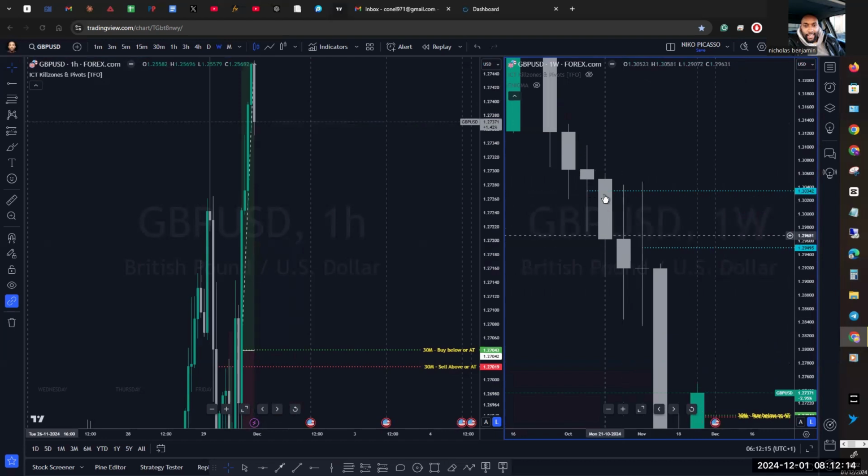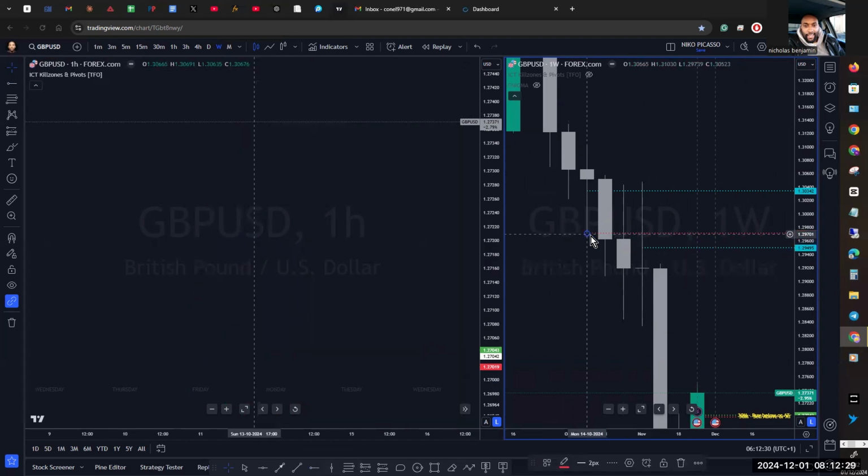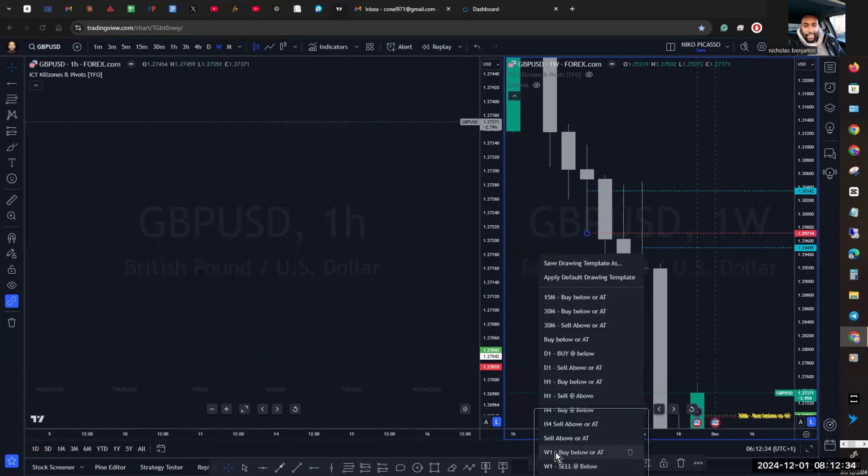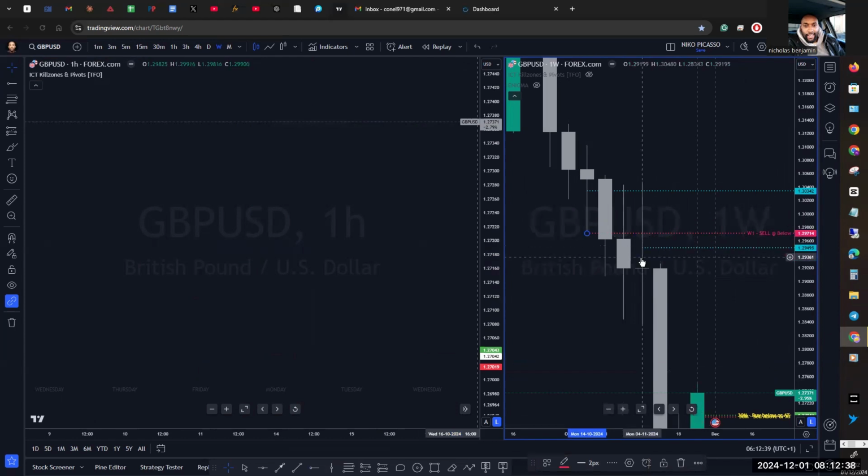Observe how this candle body closes below the previous candle low. So the candle body closes below the previous candle low. So if you place your line here like so, okay, to identify this previous low, that is going to be your location, at least to look for your sell opportunity for a swing trade.